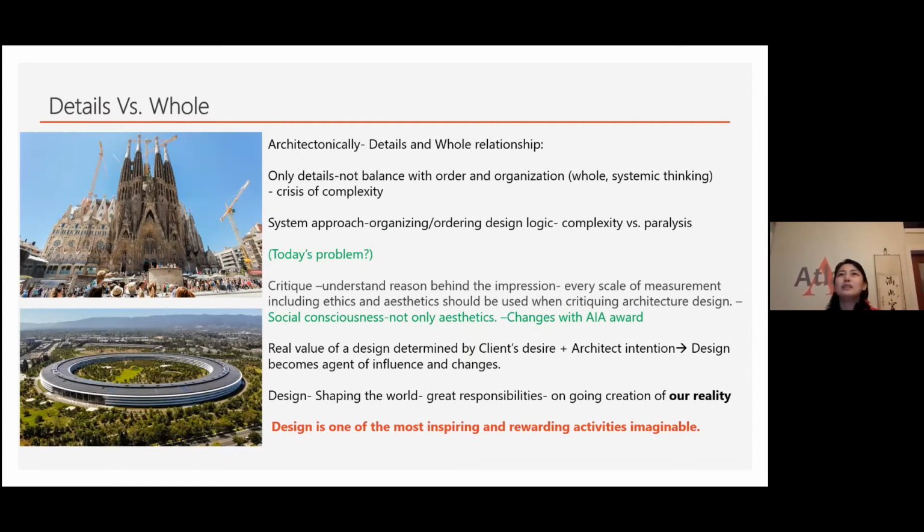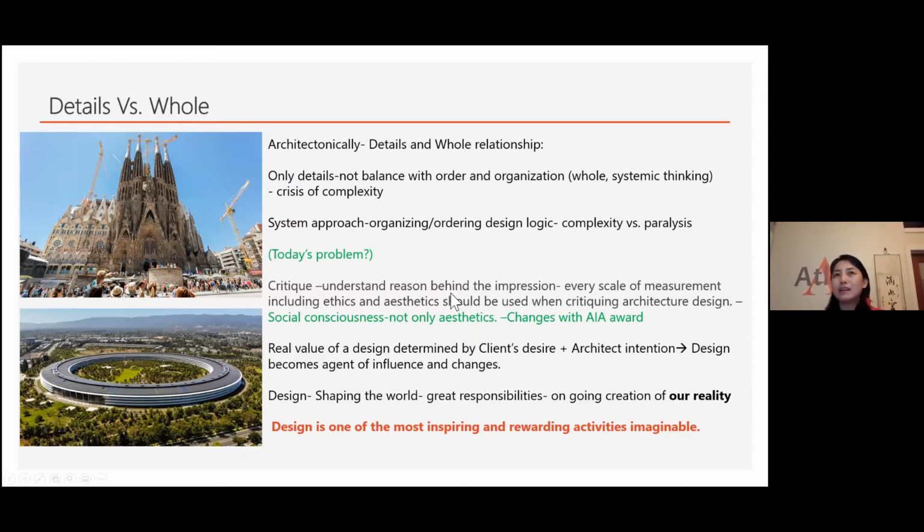So architectonically, in the relationship between the detail and the whole, the detail has to be part of the whole. And there's order and organization between all the details. If there's no such organizational order, then we will be lost in this complexity of crisis.